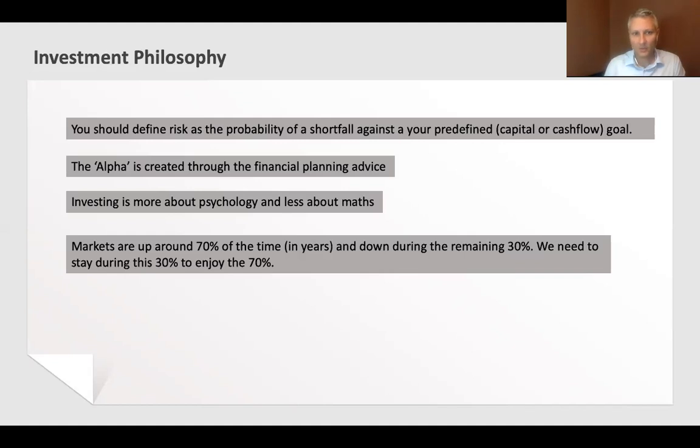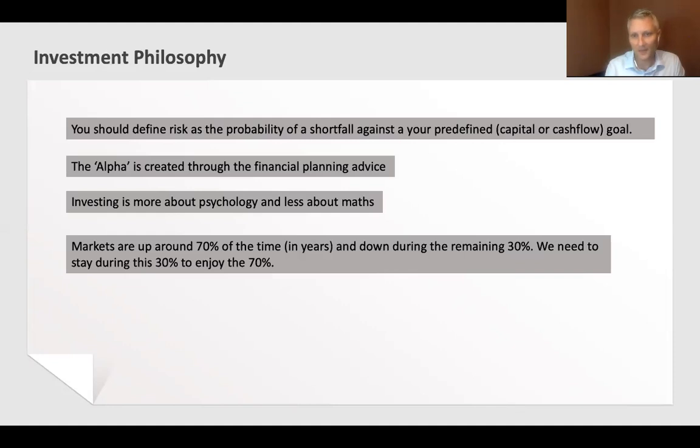The investing is more about the psychology and less about the maths. So it's that human behavior when it comes to your financial life. And markets generally are up around 70% of the time in a 1 year period, and they're generally down during the remaining 30. So if we looked at 2020, by the end of this year, 31st of December, they're probably going to be up 70% of the time.